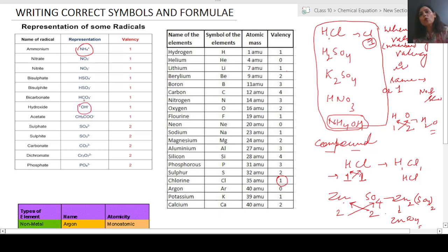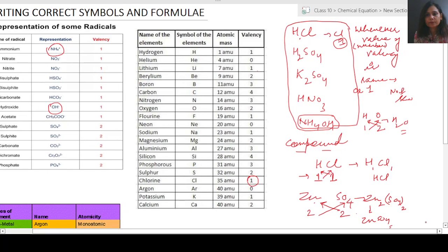Now OH valency is 1. Most of us can remember it through the NaOH compound. Let me get some space here. So through NaOH we know that OH valency is 1.